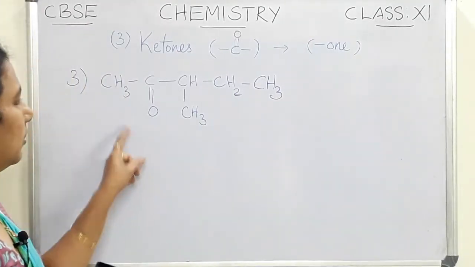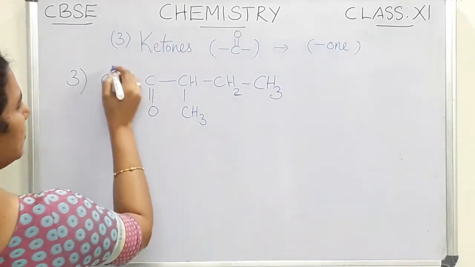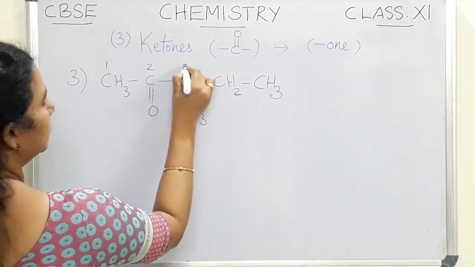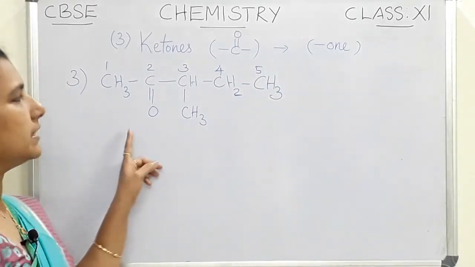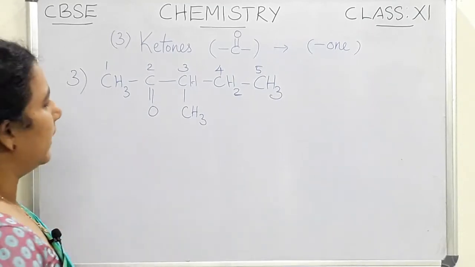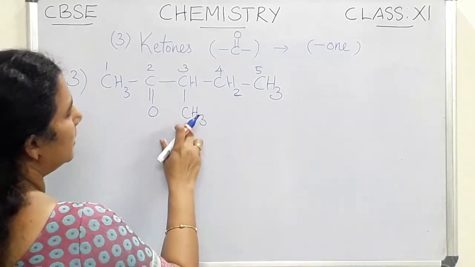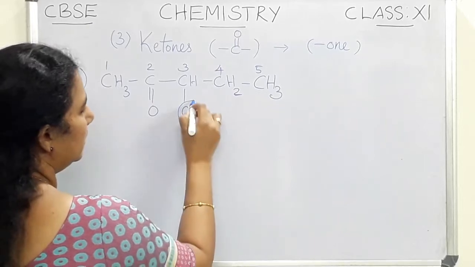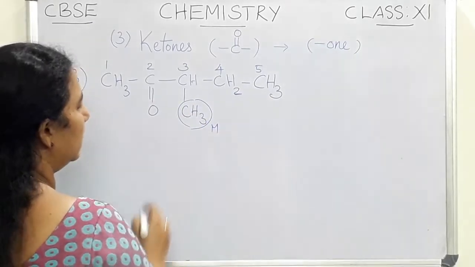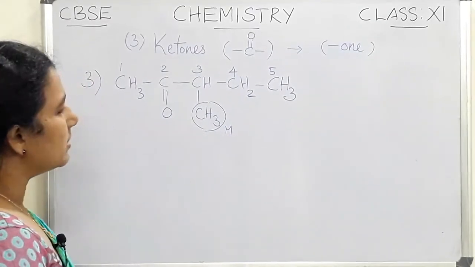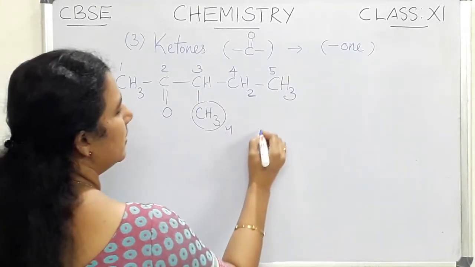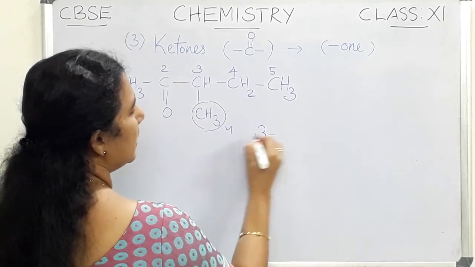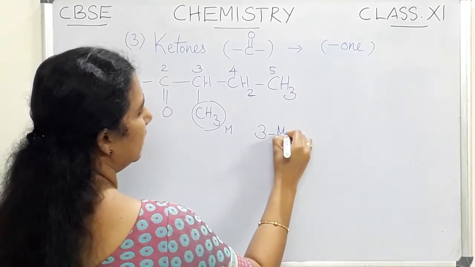So this is the third compound. Let us number this compound 1, 2, 3, 4 and 5. So the parent chain contains 5 carbon atoms, and there is a substituent, a methyl group, and we can name this compound. First of all, we have to add the substituent. It is in the third position, so we can start with 3-methyl.